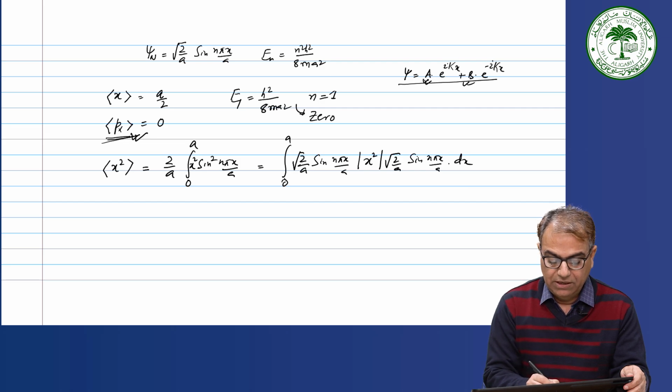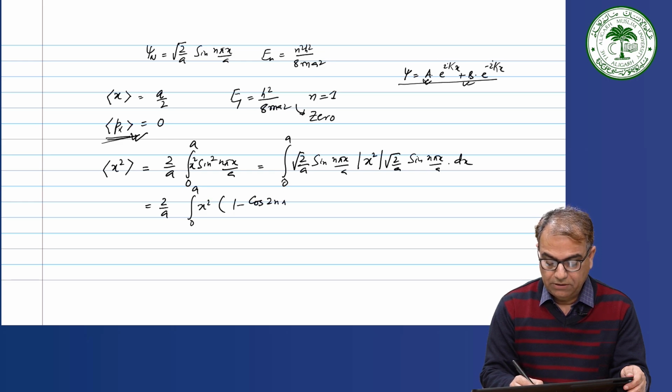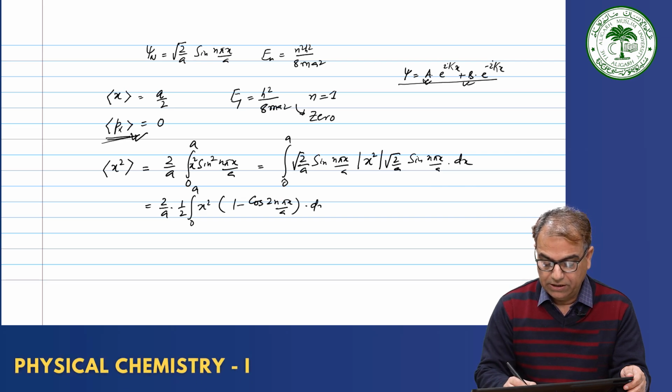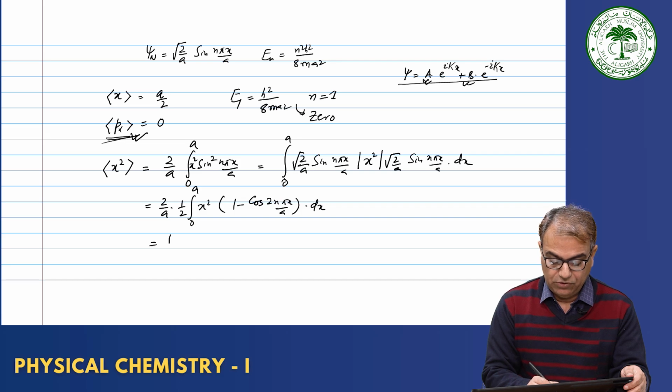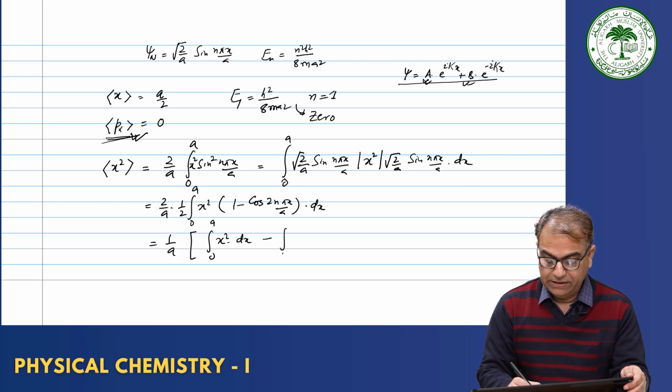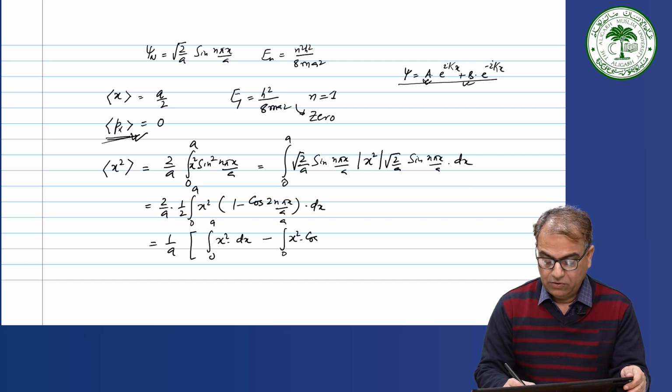So this we can find out, and for finding out this value, you convert sine square into one minus cos 2 n pi x upon a, with 1 over 2 which you can bring outside, into dx. So you write 1 over a, and then we have two integrals: the integral from 0 to a of x square dx is one integral, and the other integral is from 0 to a of x square cos 2 n pi x upon a into dx.